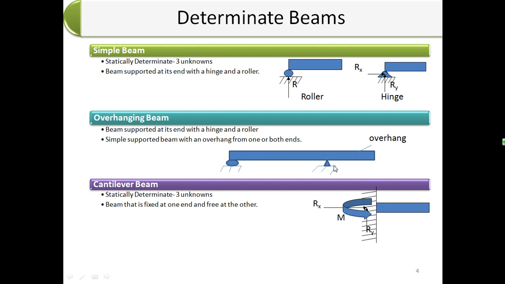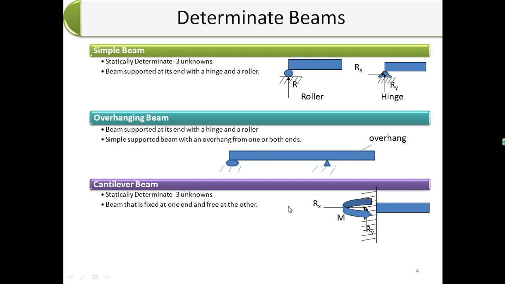So overhanging on one side or overhanging on the other side, both are called statically determinate beams. Suppose you have a beam extended on this side too, with no support, and only two supports here, one a hinge, the other a roller. The number of unknowns here is 1 plus 2, equal to 3. In this case also, overhanging on both sides comes under the determinate beams category.